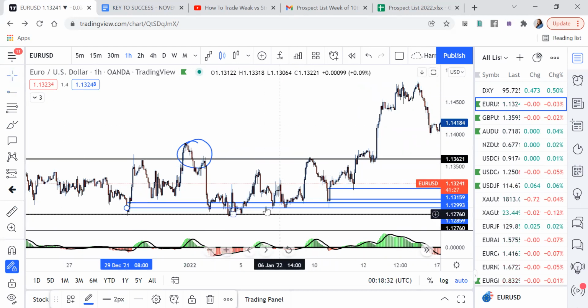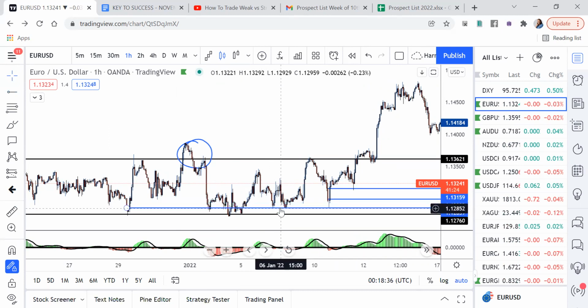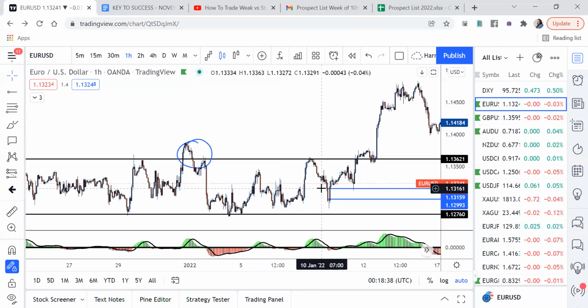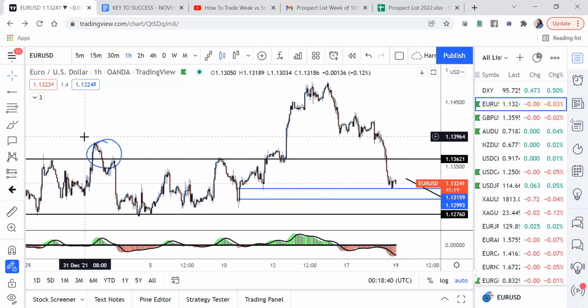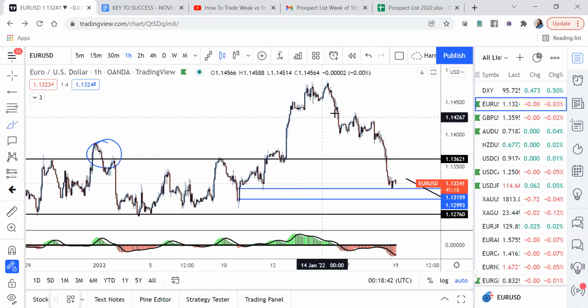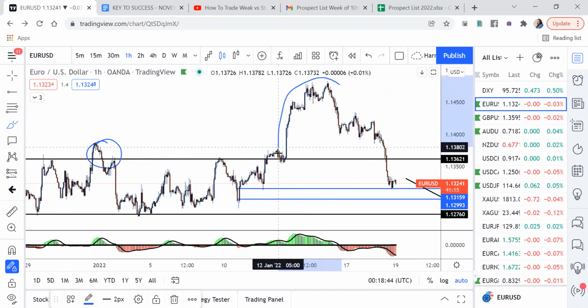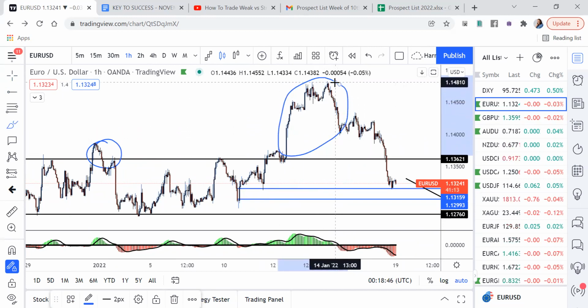Now, what you have now is that we had a very strong breakout. This is ideal. You see all of this? This is what we call a strong breakout. Price moved completely away from structure.